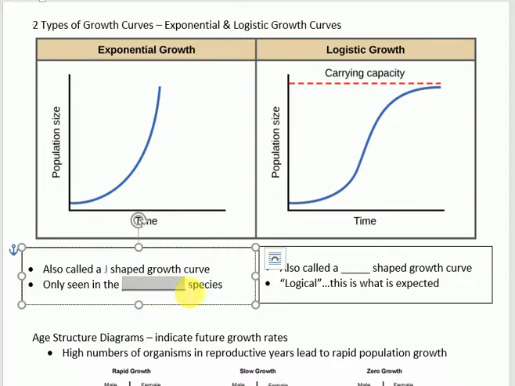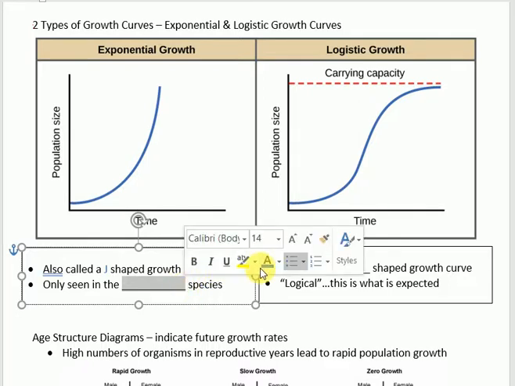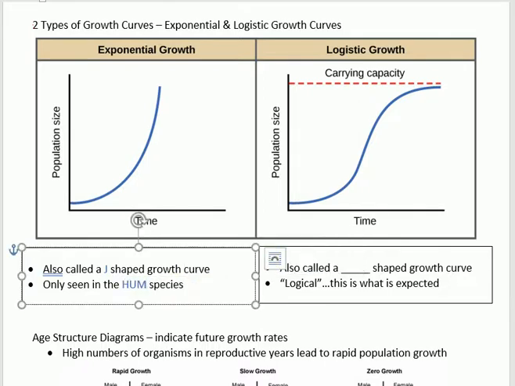And this is usually only seen in the human species. And basically, I'm going to add some notes here. This is going to show the biotic potential of a population.